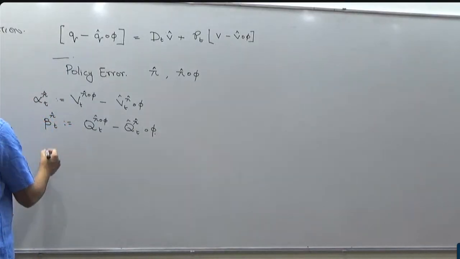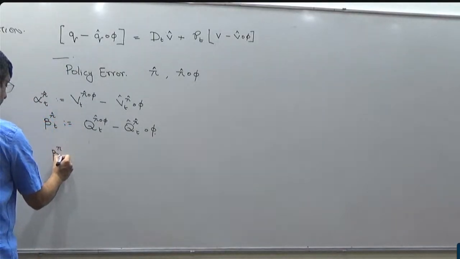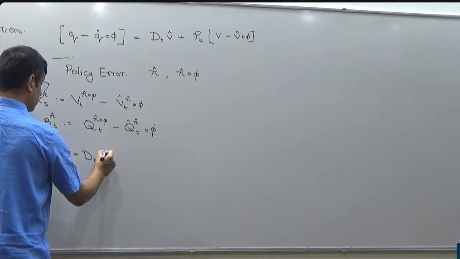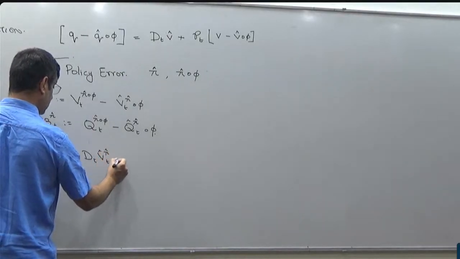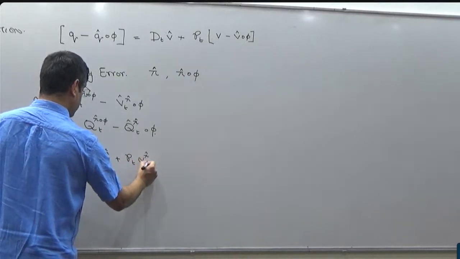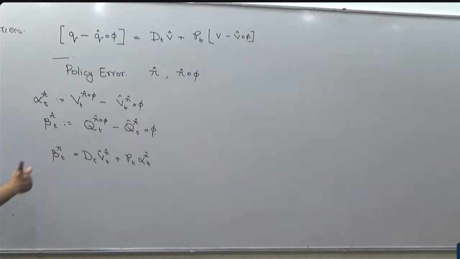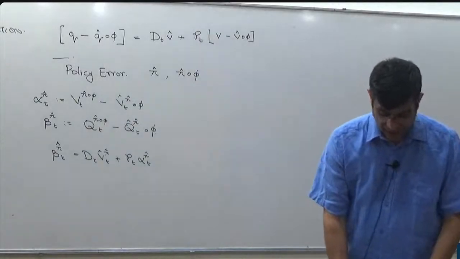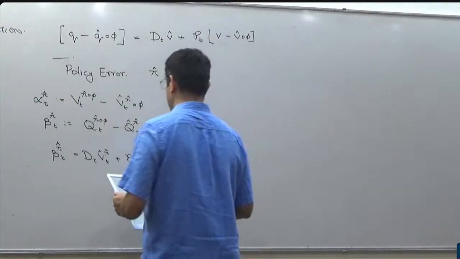And we will have the recursion beta pi hat t is equal to dt applied to V hat pi hat t plus pt of alpha pi hat t. This recursion is coming from the one step dynamics. So, this looks the same as what we had without model approximation, except that now I am defining errors a bit differently. And the other part will be the same.